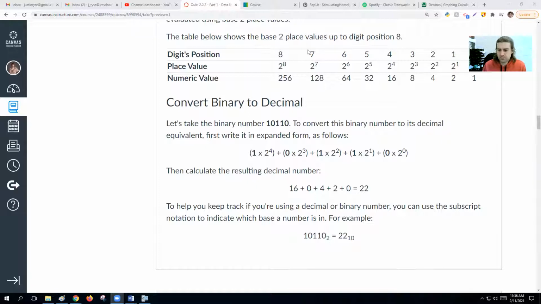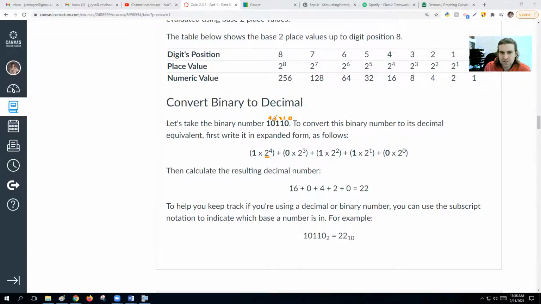Now what I like to do, let me get organized here, is put a little bit of exponents up here. Starting from the right, we have 0, 1, 2, 3, 4. So the highest is 1 times, now our base is binary, so we're not going to use 10, we're going to use base 2.